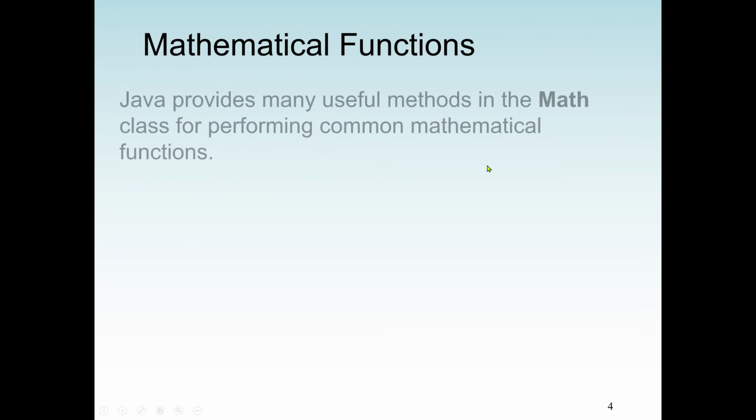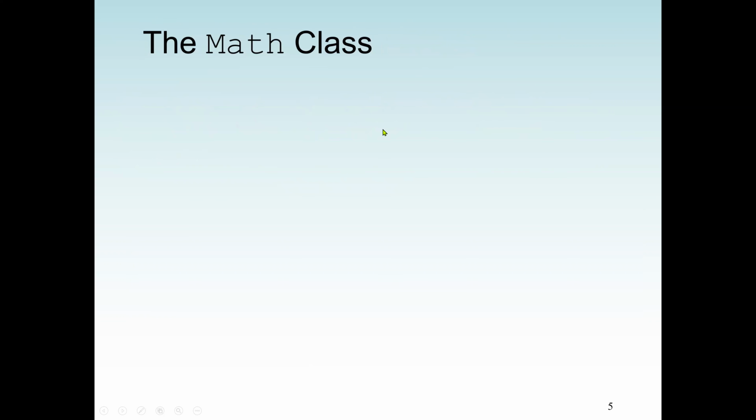In Java, we normally use mathematical functions to perform mathematical operations. Java provides many useful methods in the Math class for performing common mathematical functions. The Math class has 3 parts. The first one is the class constants.